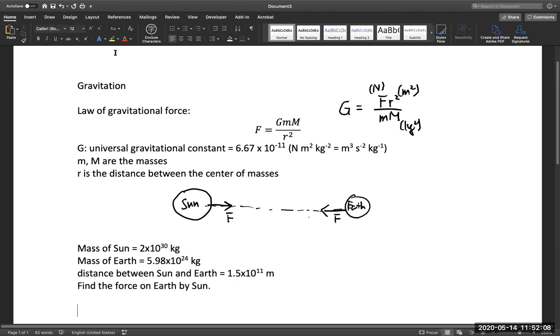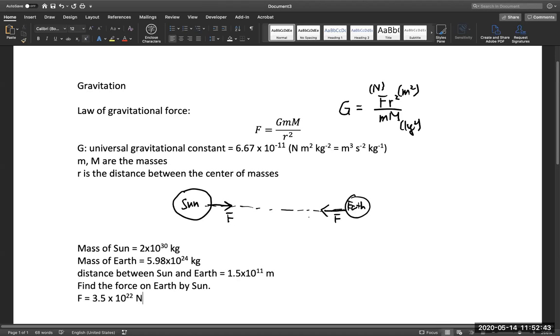What's your answer? Let most of your classmates get the answer first. So the force should be quite large, say 3.5 times 10 to the power 22 Newton.